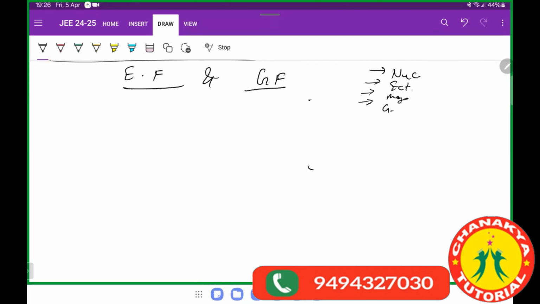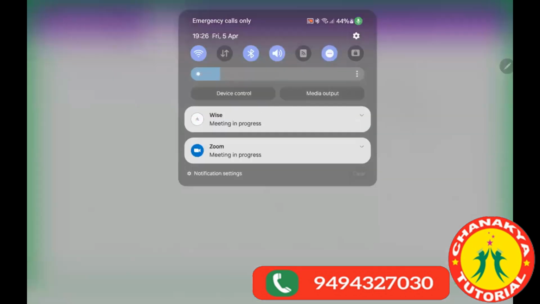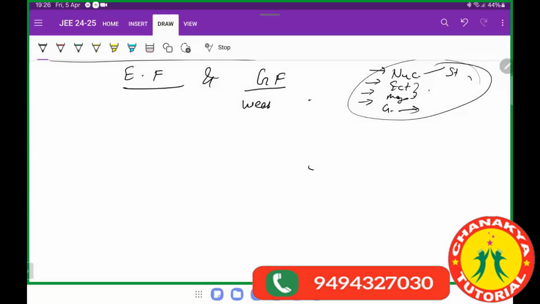So these are weak nuclear force, strong nuclear force, and gravitational force. Gravitational force is the weakest force.